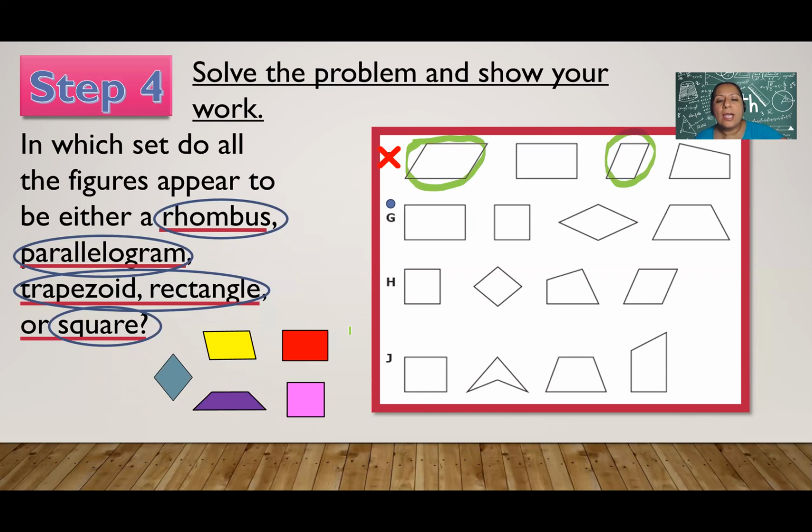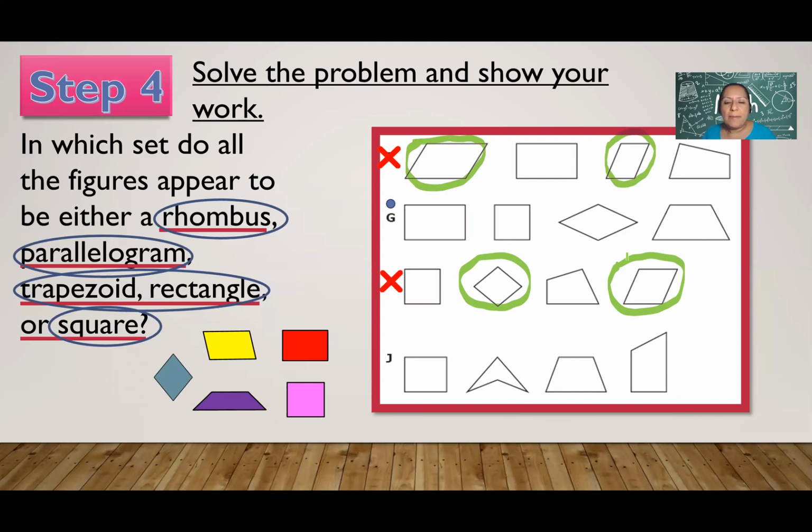So let me go and check H. H says that I have a square, a rhombus, a trapezoid, and a rhombus. So if you notice, you have repeated the same shape 2 times. So this is making me think that this is not my choice.